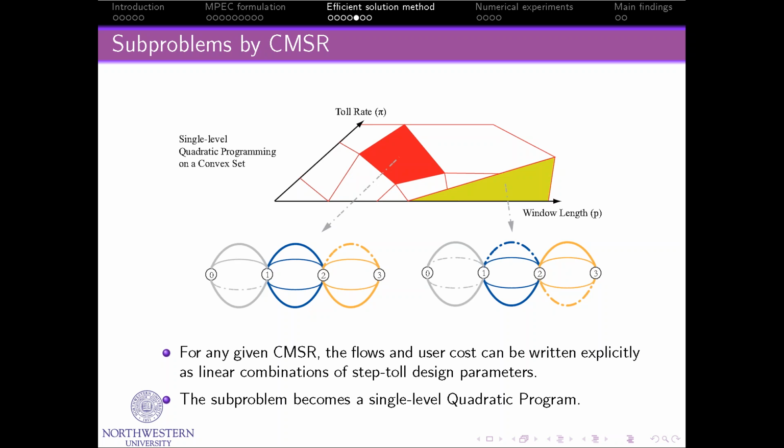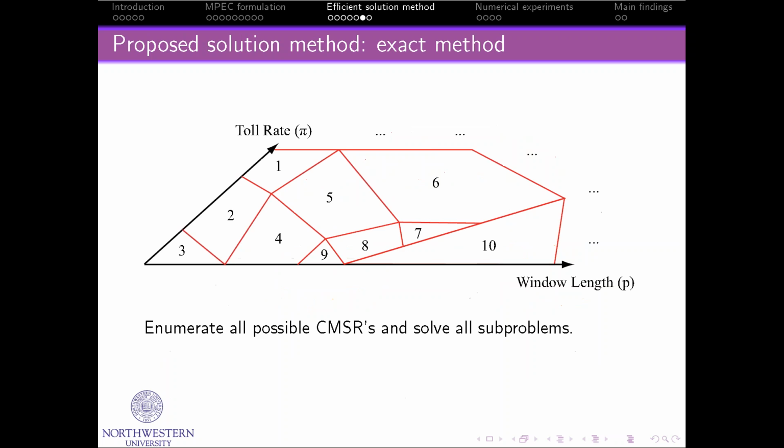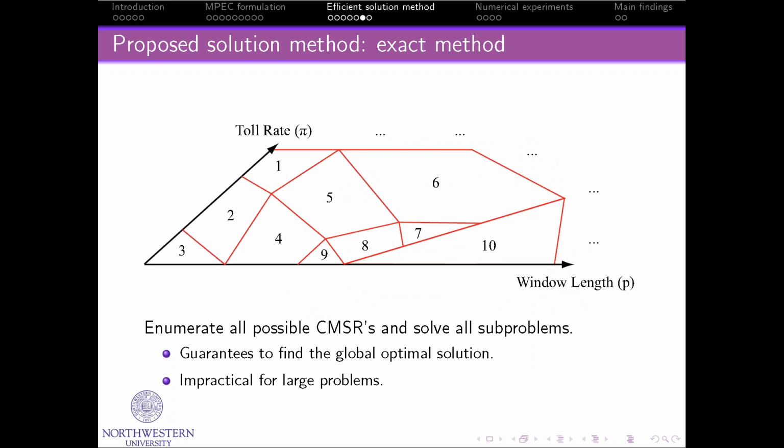So now a very straightforward way to develop an algorithm is to just enumerate all the possible CMSRs to solve all the subproblems, and we can get the exact solution for the design problem. So this method guarantees us to find the global optimal solution because it just enumerates all possible CMSRs, and for each CMSR we can find the solution.